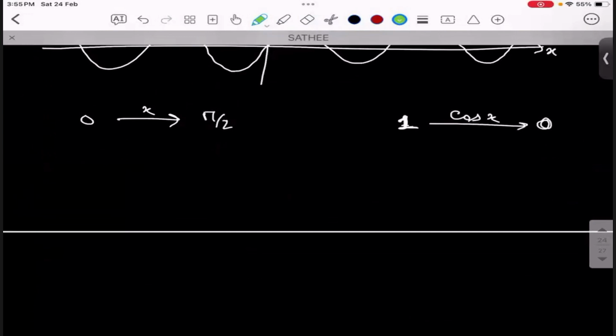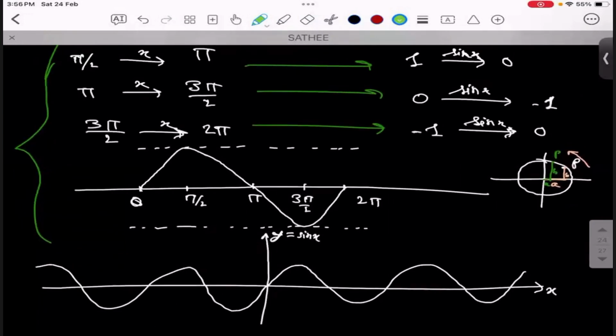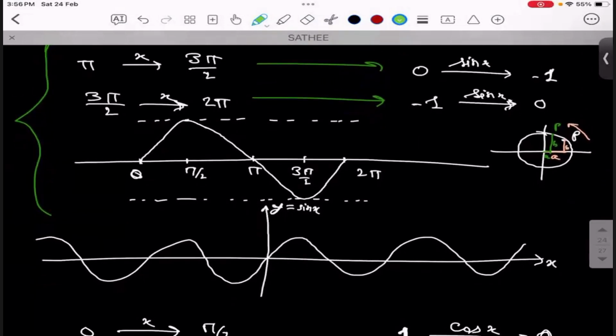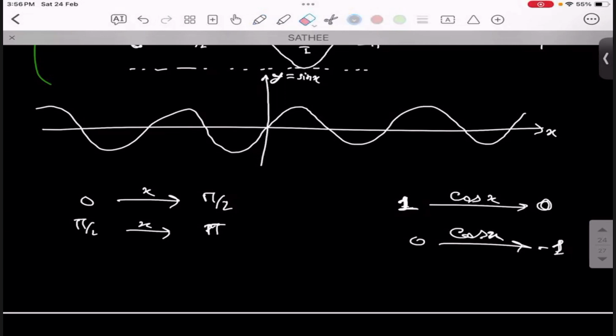So similarly, for cos x, from 0 to pi by 2, you can see that A is decreasing, so cos x is decreasing from 1 to 0. After that, from pi by 2 to pi, cos x is going from 0 to -1.